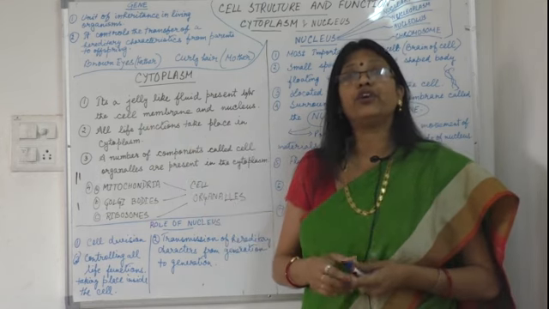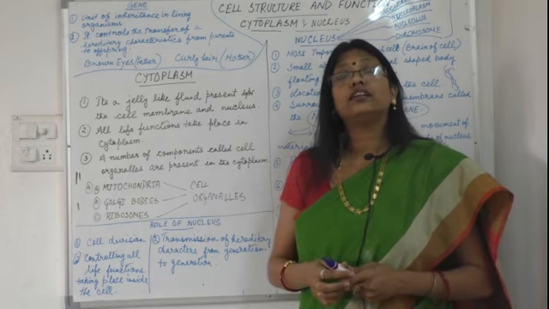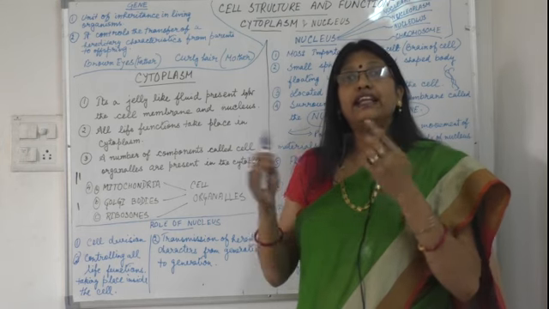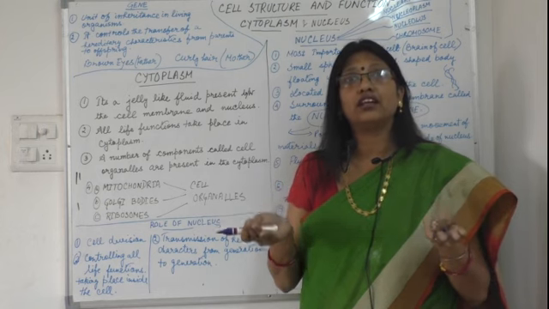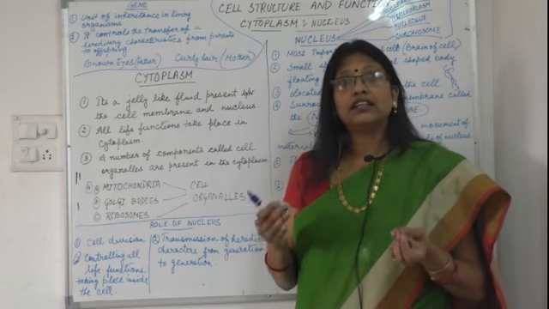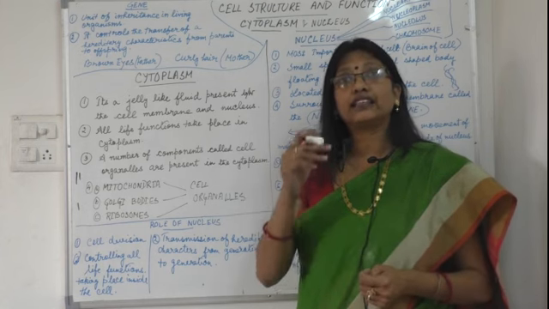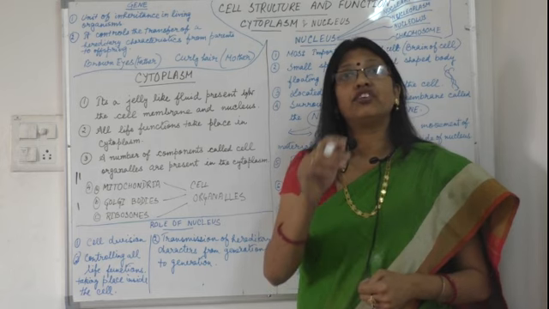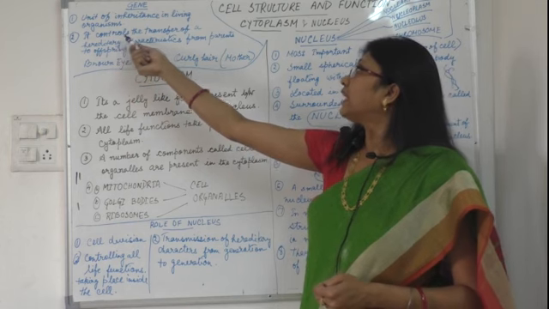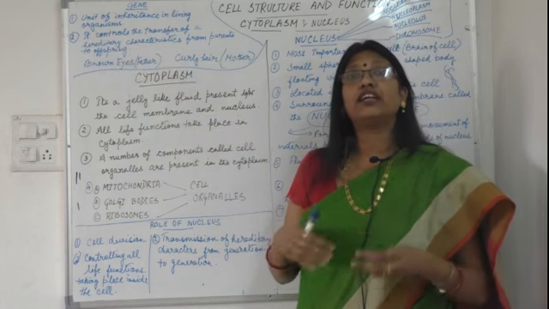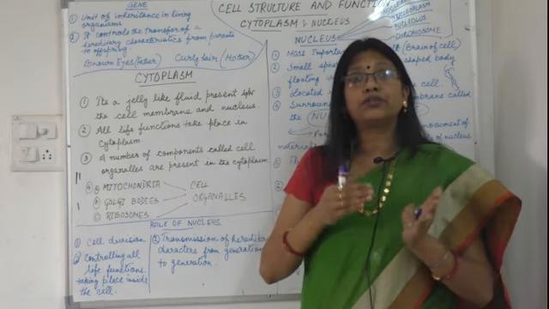I have told you in reproduction and in the cell also that we inherit the characters of our parents. How do we inherit? That is because of genes, which control the transfer of hereditary characteristics from parents to offspring.